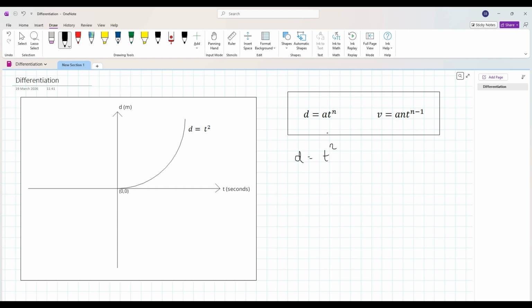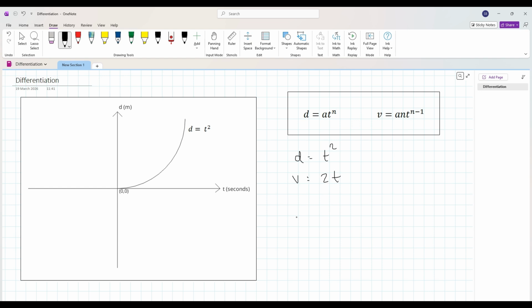A is simply 1 because the coefficient in this case is 1. N, the power, is 2. So all we do is bring the power down to the front, and our gradient for the velocity is v equals 2t.